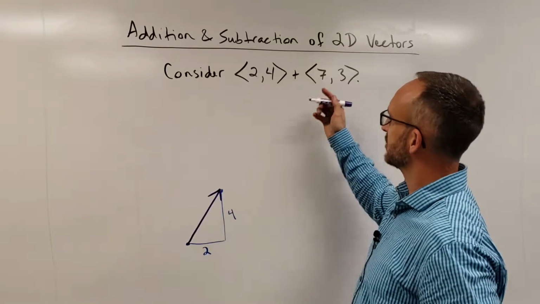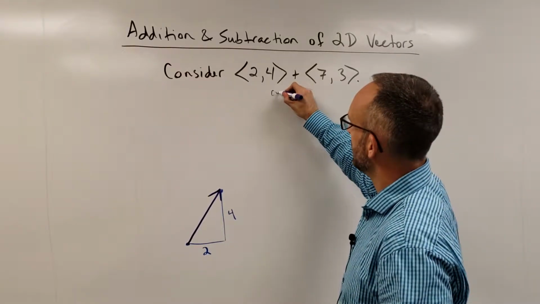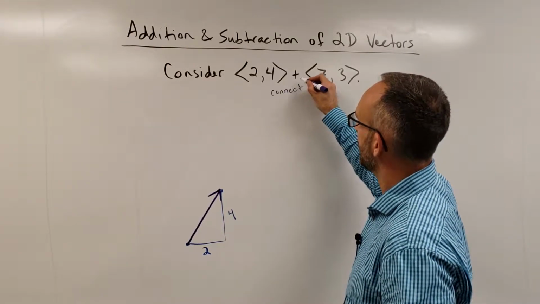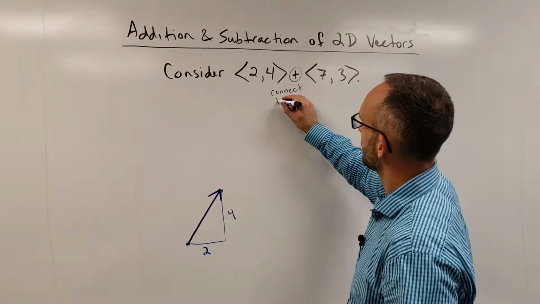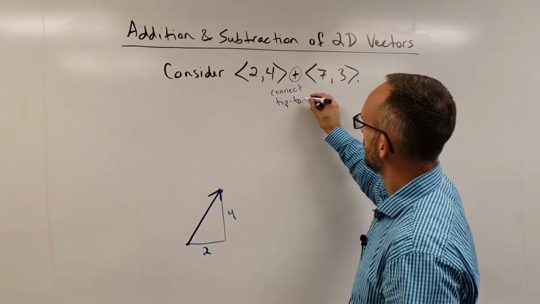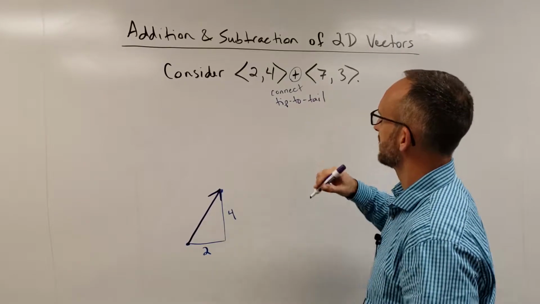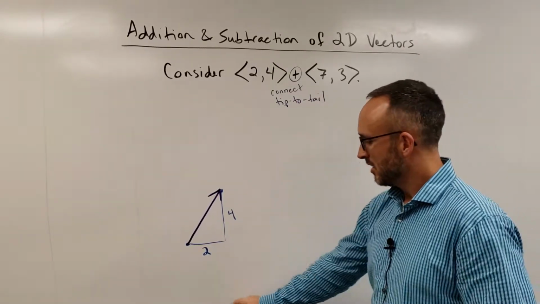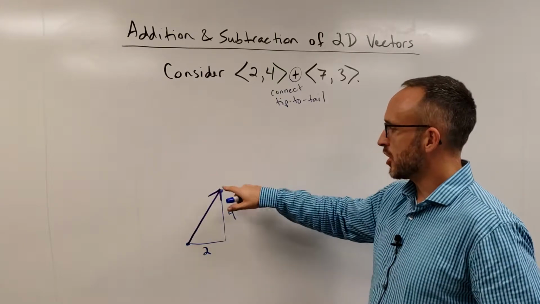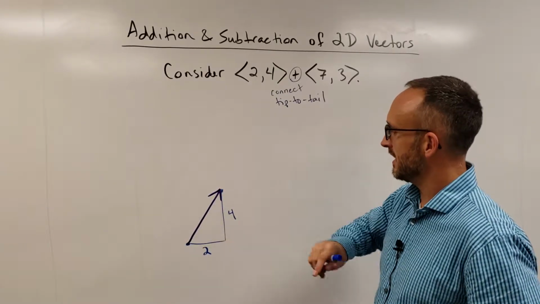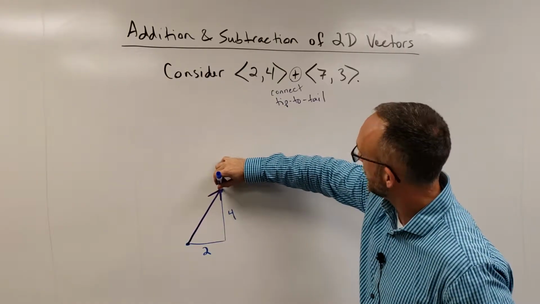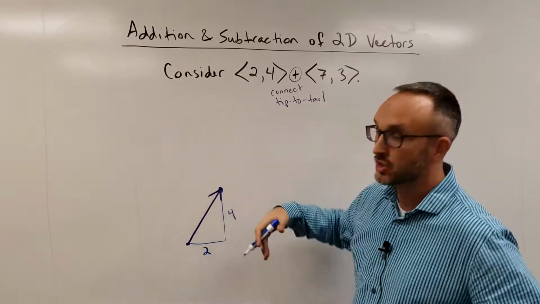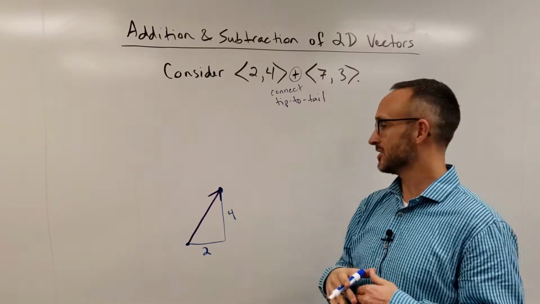When you add vectors, what you do visually is connect tip to tail. So what that means is where the 2, 4 vector terminates, where the tip of it is, is going to be where the 7, 3 vector starts, where its tail is going to be.